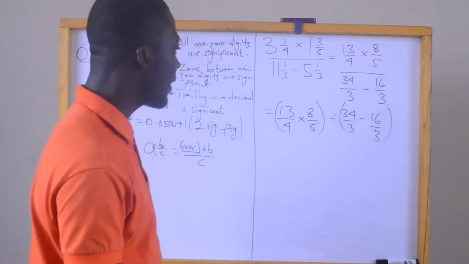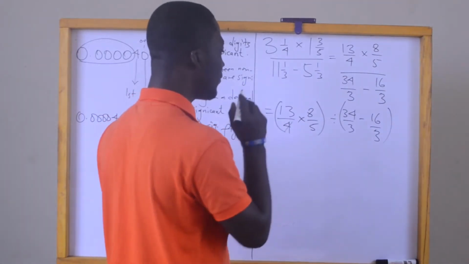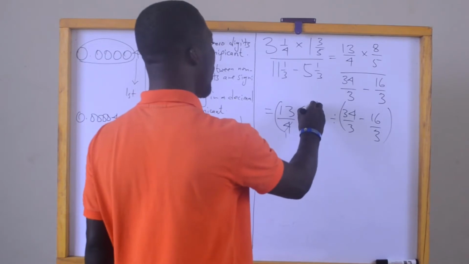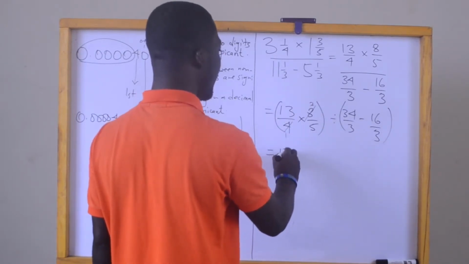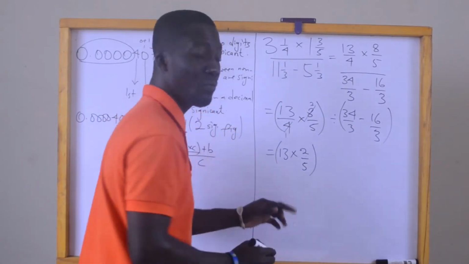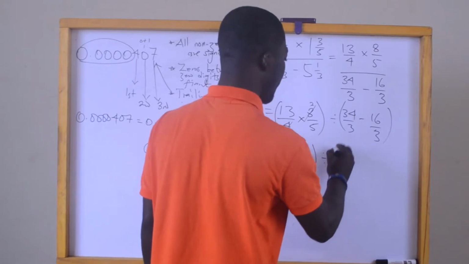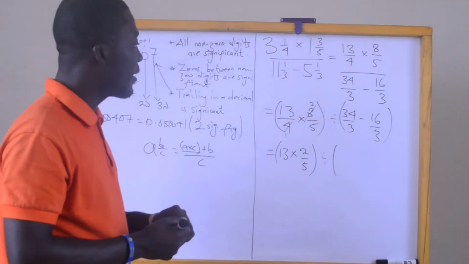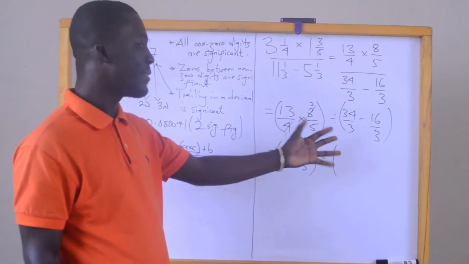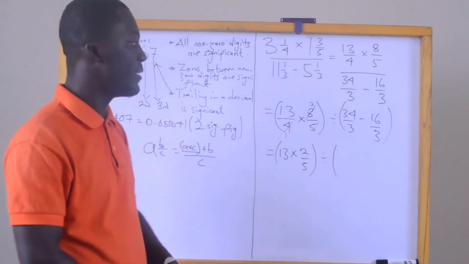Now for the first bracket, we can say that 4 can go into itself once, 4 goes into 8 twice, and we'll be left with 13 times 2 over 5. I don't want to multiply it yet. Divided by, for this one, it's not multiplication, so we are not going to cancel out. It's subtraction with the same denominators.